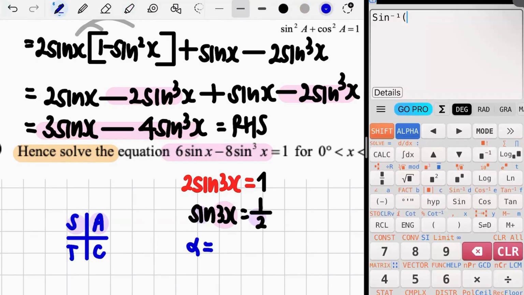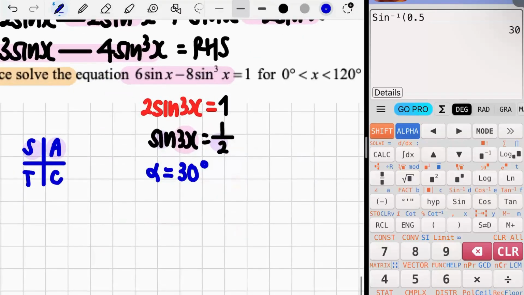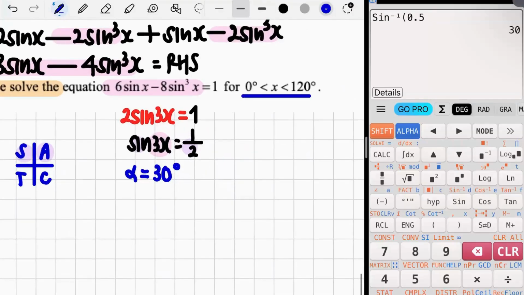So sine inverse half is 30. Remember, never ever sine inverse a negative number, because we're getting the basic angle. Basic angle is acute, positive. So now from here, we have 3x. First quadrant. Second quadrant is 180 minus 30.